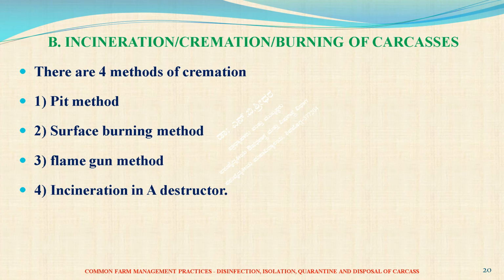There are four methods of cremation. Number one, the pit method. Second, the surface burning method. Third, the flame gun method, and fourth, incineration in a destructor. So there are varieties of cremation methods, just like for human beings. The same types of methods are there.